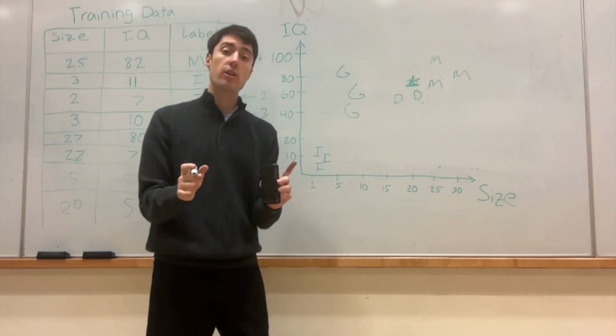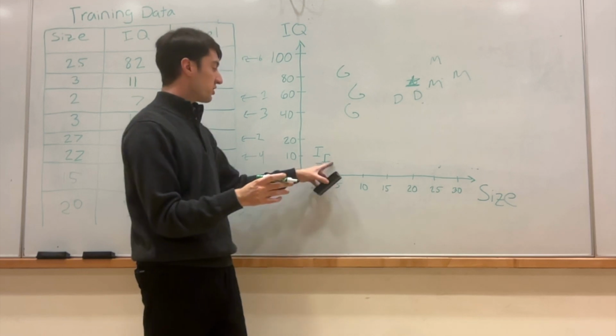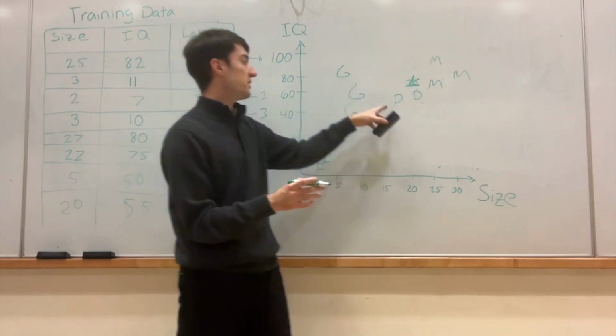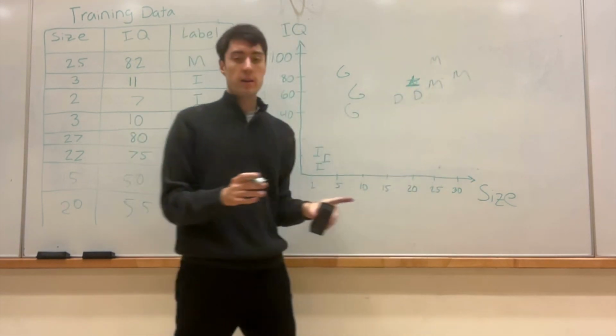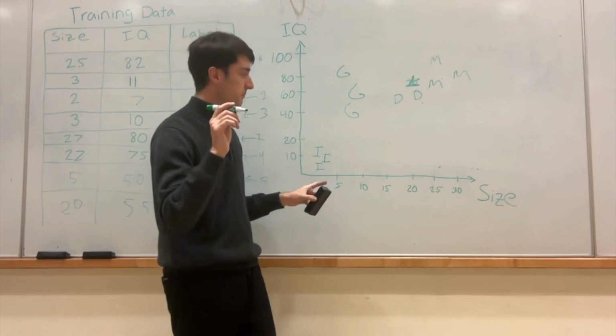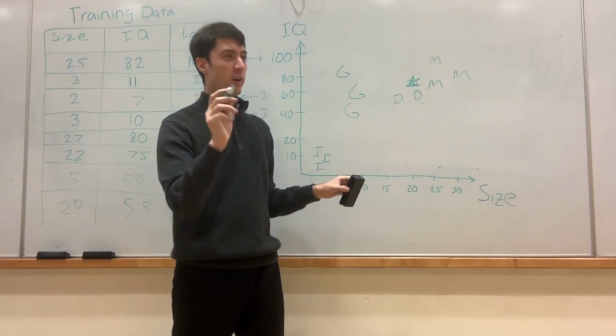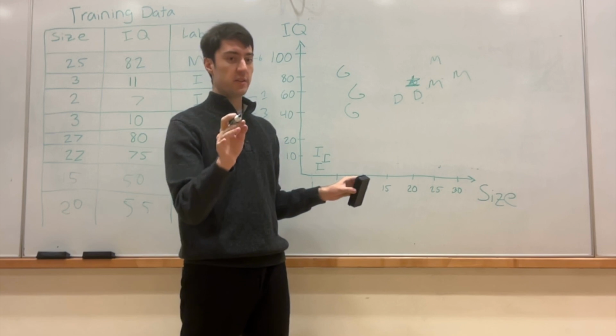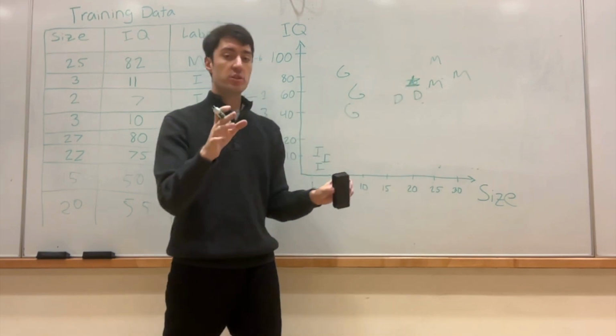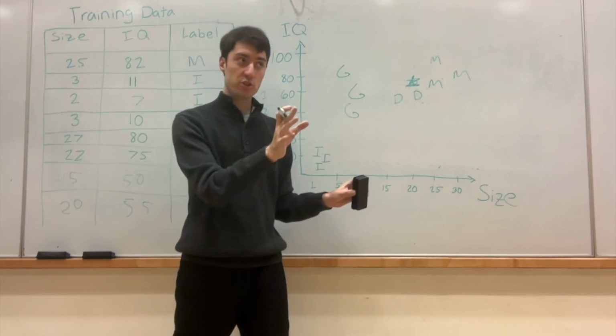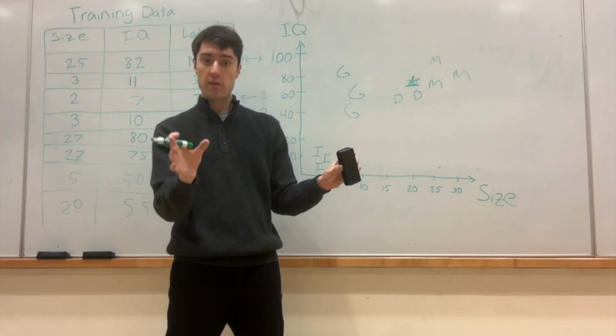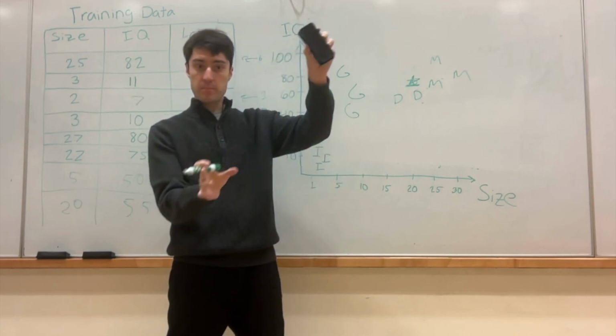So how do we figure it out? We go through every single point in our data set. We look at it and say, all right, I am going to find the lowest distance, and then I'm going to see the first, second, third, fourth, and I'm going to rank them, okay?